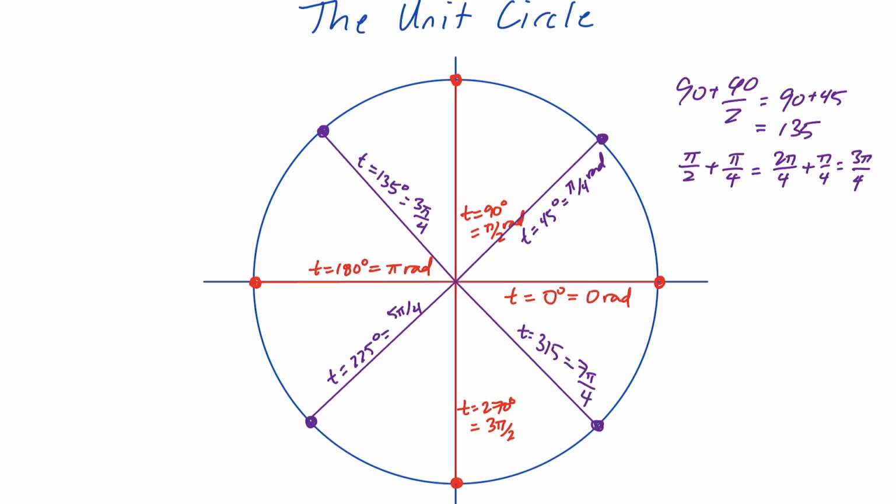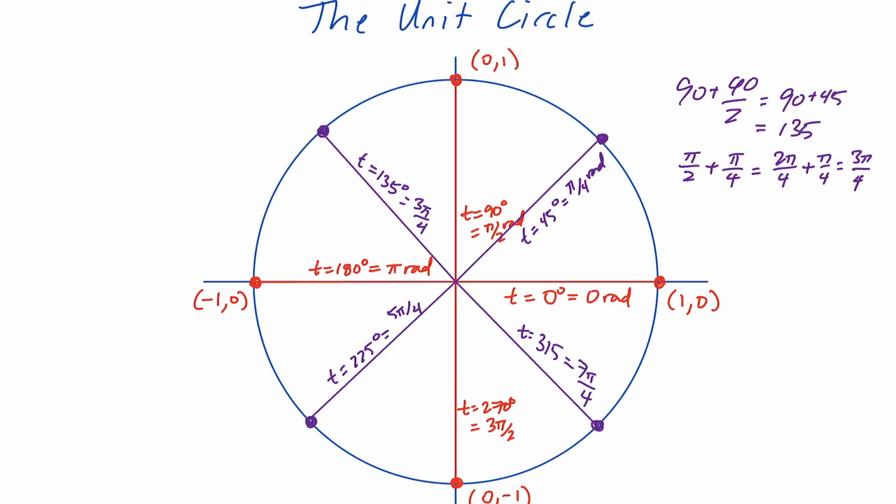The coordinate of this first point on the right here, this is 1, 0. And the point opposite it on the circle is -1, 0. And then the point at the top here is 0, 1. It's 1 up in the y direction and 0 in the x direction. And the point at the bottom here is 0, -1. All right, those are the easiest.